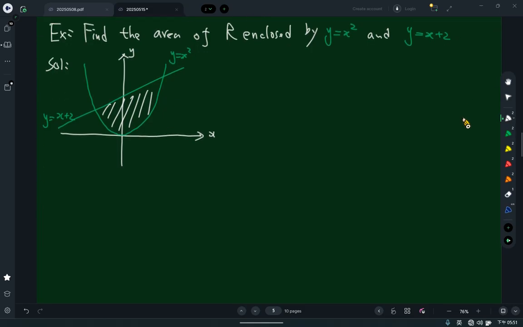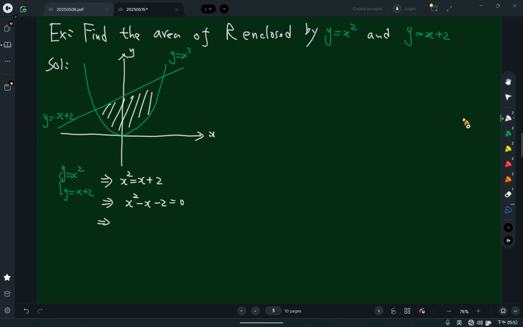We can solve this by y is equal to x squared, and y is equal to x plus 2. With these two conditions, we will have x squared is equal to x plus 2. So we can continue to move terms: x squared minus x minus 2 is equal to 0.